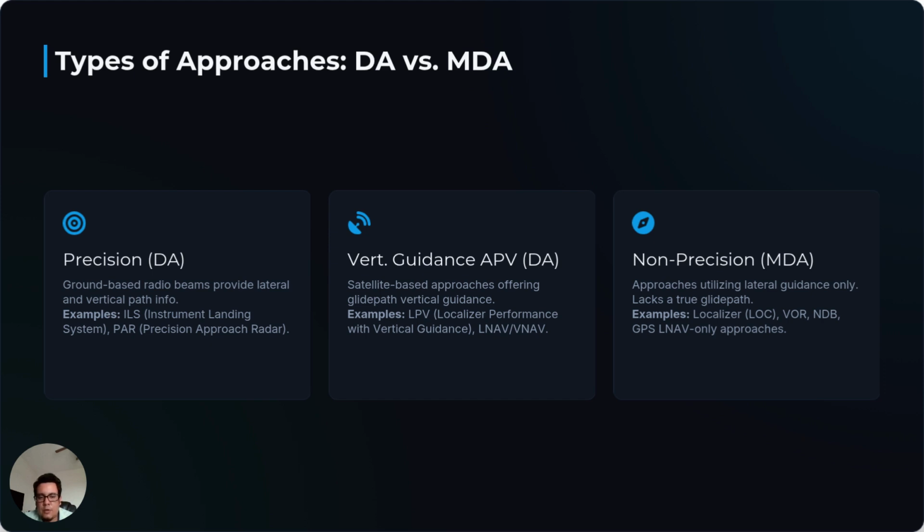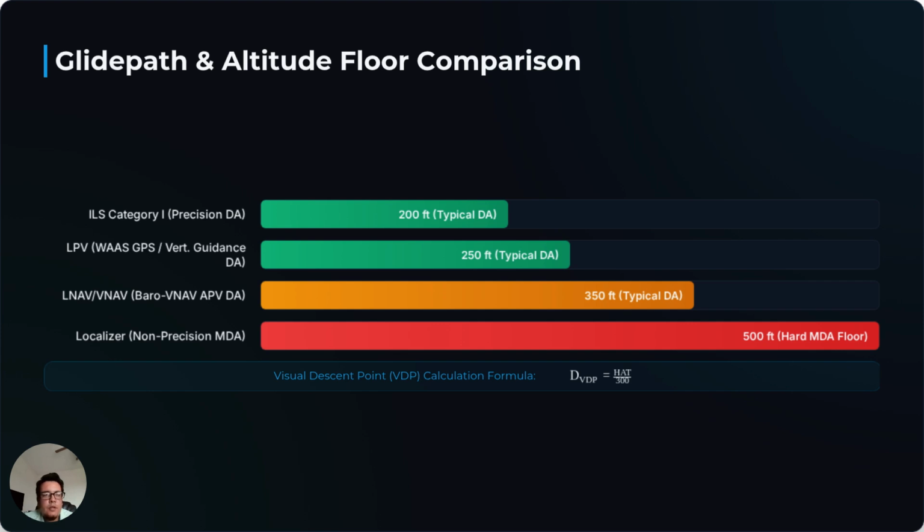For non-precision approaches, we have the MDA, like I said before, with lateral guidance only, and of course we don't have any glide path. I put a few comparison charts over here. We can see that the ILS gets you the lowest, and with the localizer, because we don't have anything to let us know how high or low we are, we need to be higher.